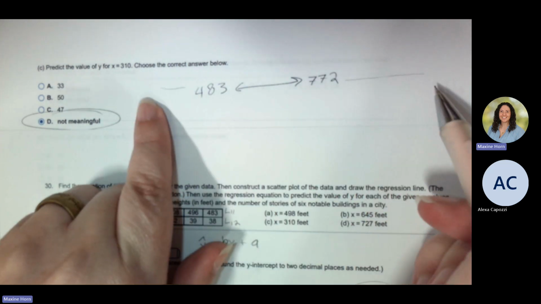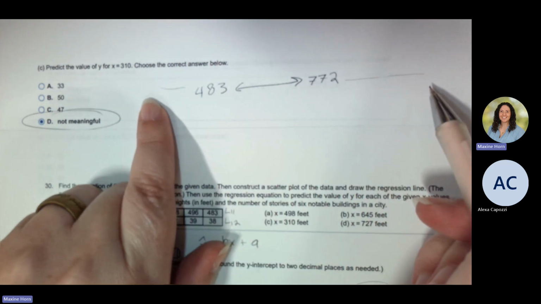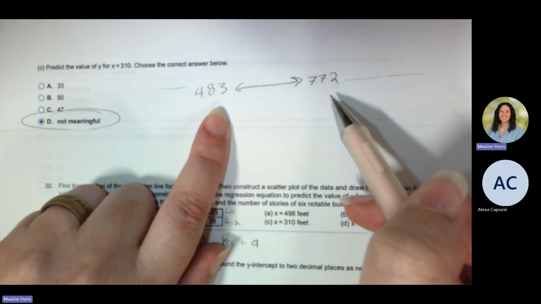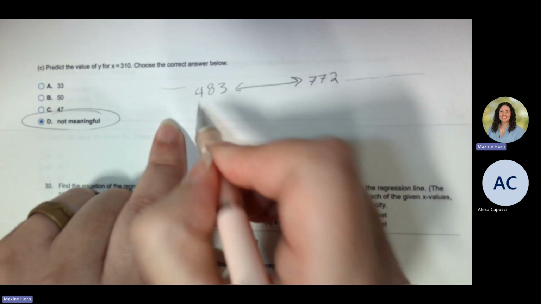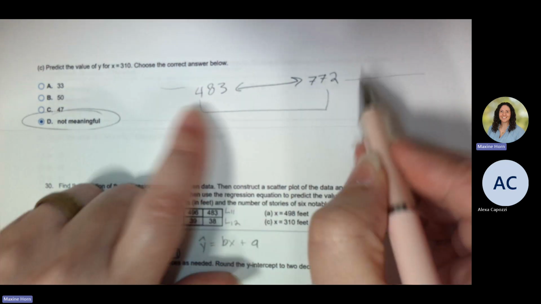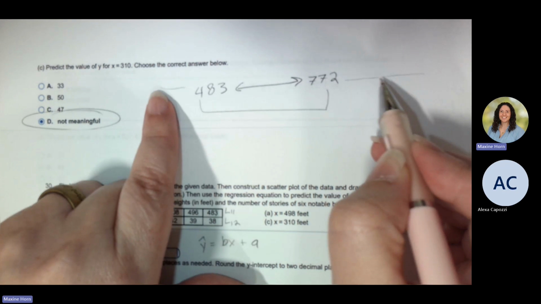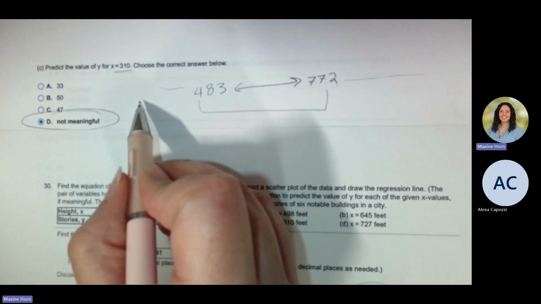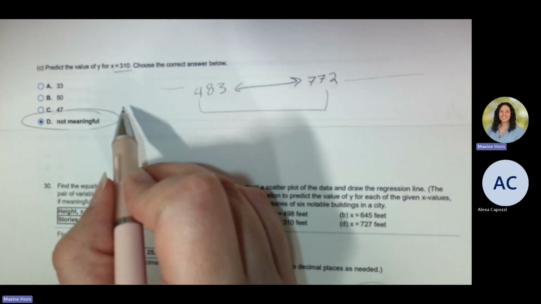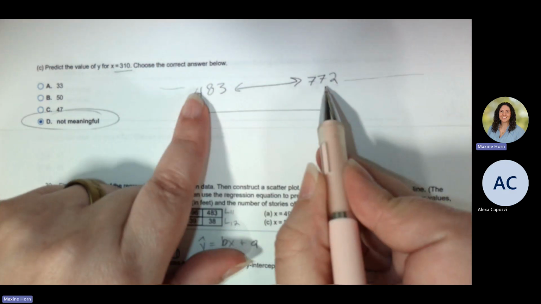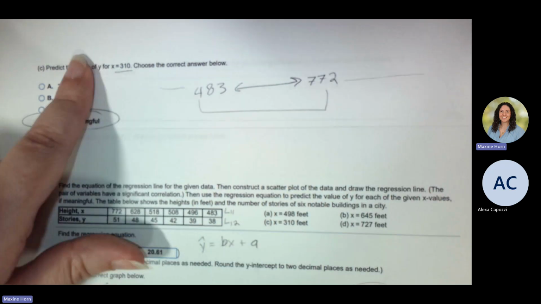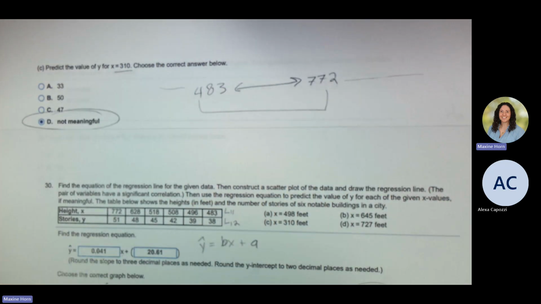If I try and go beyond that, like significantly beyond that, I just can't be sure that this pattern is going to hold up, right? All we know is what's happening from here to here. Maybe we can go a little bit beyond, but we can't go all the way down to 310. That's pushing it. That's way too far below the data that we've been given. We don't know that the pattern that we have here will hold up if we go beyond in either direction.